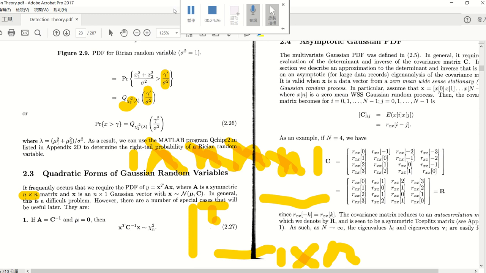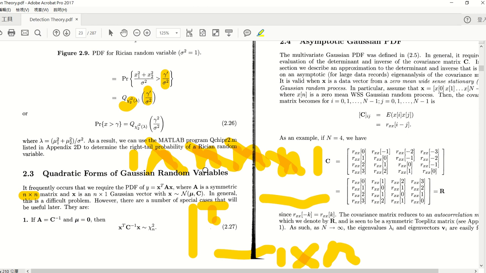Okay, so we have explained the structure of the matrix, and then the Gaussian vector with x distributed by this. So x is exactly a column vector, and it's Gaussian with mu vector and C covariance matrix.